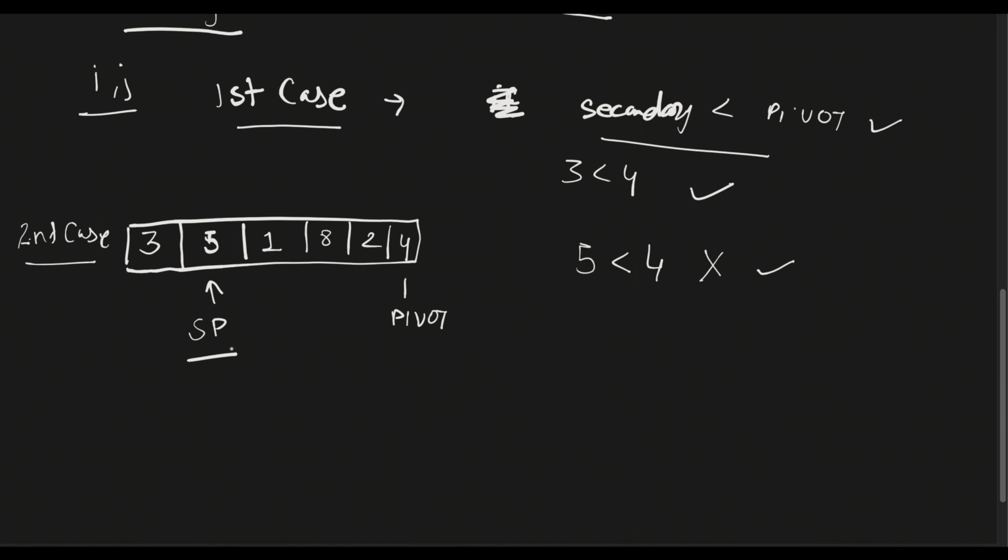We increment the secondary pointer only in the cases where the element is less than the pivot, and then we do the swapping. Here I will not do the swapping. My secondary pointer remains the same, but my loop will increment and go to here: 0, 1, 2, 3, 4 and 5. Now I will compare: is 1 less than 4?